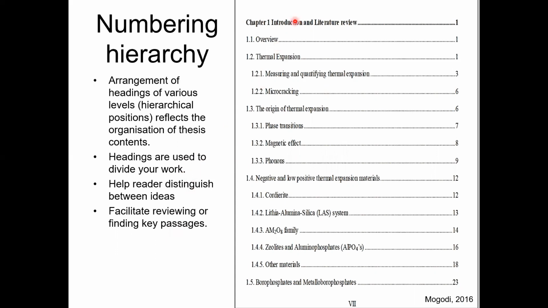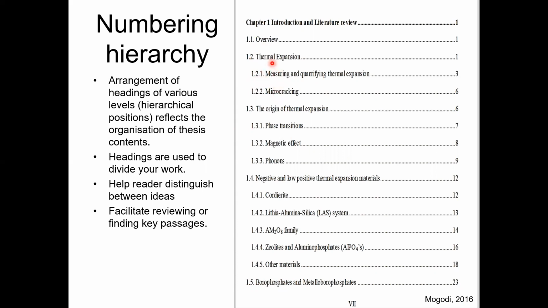But let's just go back to this first page of a table of contents. Here's the heading of the chapter, the main heading, the overview, the thermal expansion, the origin of thermal expansion, negative and no positive thermal expansion materials, and borophosphates and metalloborophosphates. These are all the second level of headings. And within them, you have further subheadings as numbered by 1.2.3.